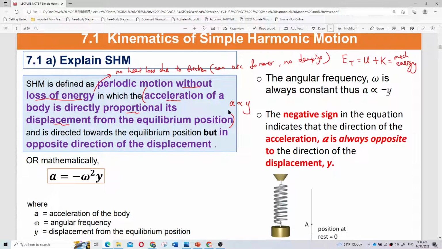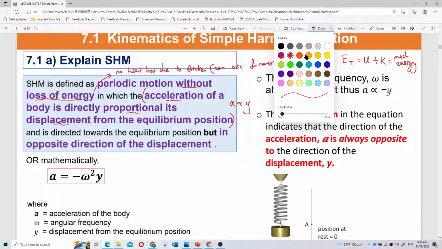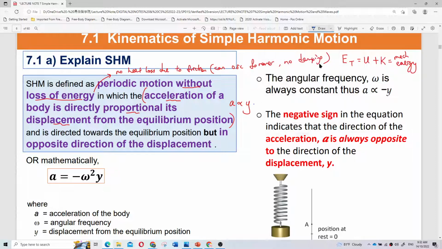That means if the displacement increases, acceleration also increases. If displacement is zero, acceleration is also zero. If displacement increases, acceleration also increases.